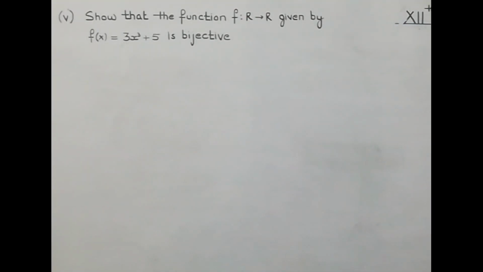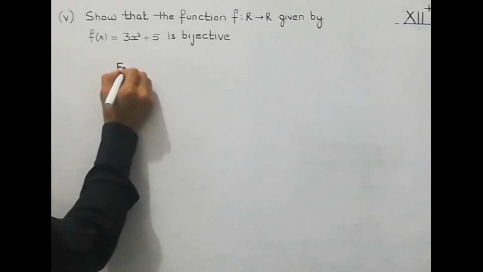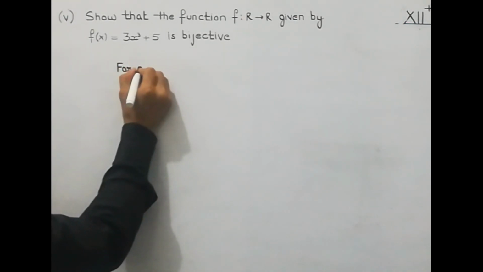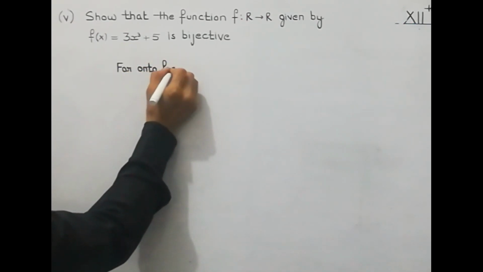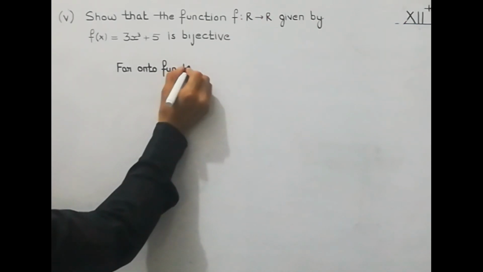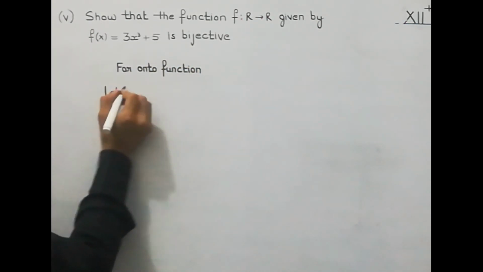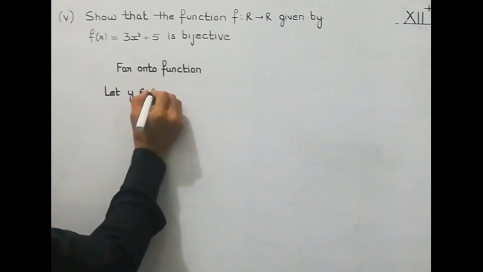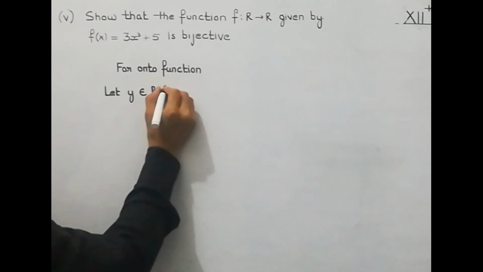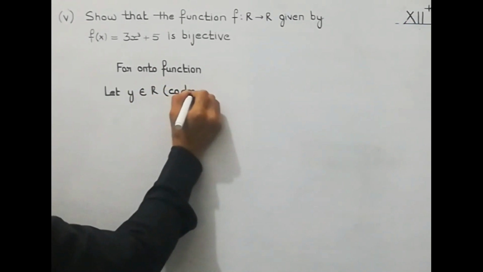Now we have to show this function is onto. So for onto, we will consider, let y belong to R, that is codomain.